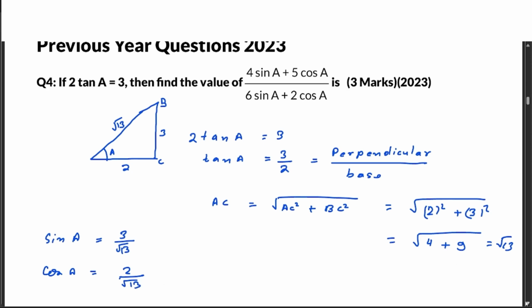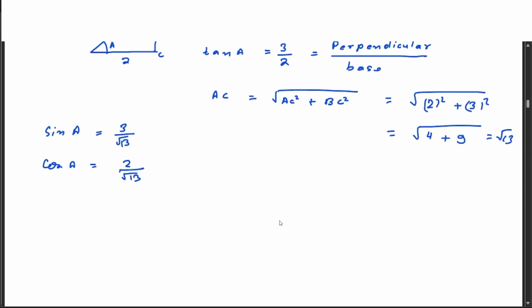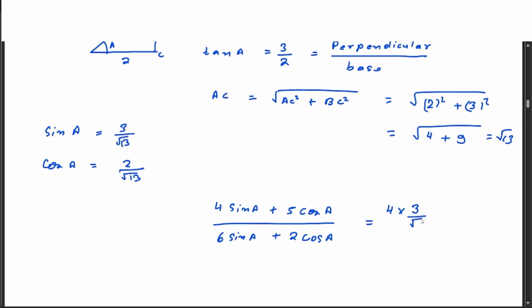Okay, now you can substitute all the values in this equation. So what is our equation is given? 4 sine A plus 5 cos A, over divided over 6 sine A plus 2 cos A. Okay, now you can substitute all the values here simple. So we can say 4 times sine A value, how much you got? 3 over root 13.